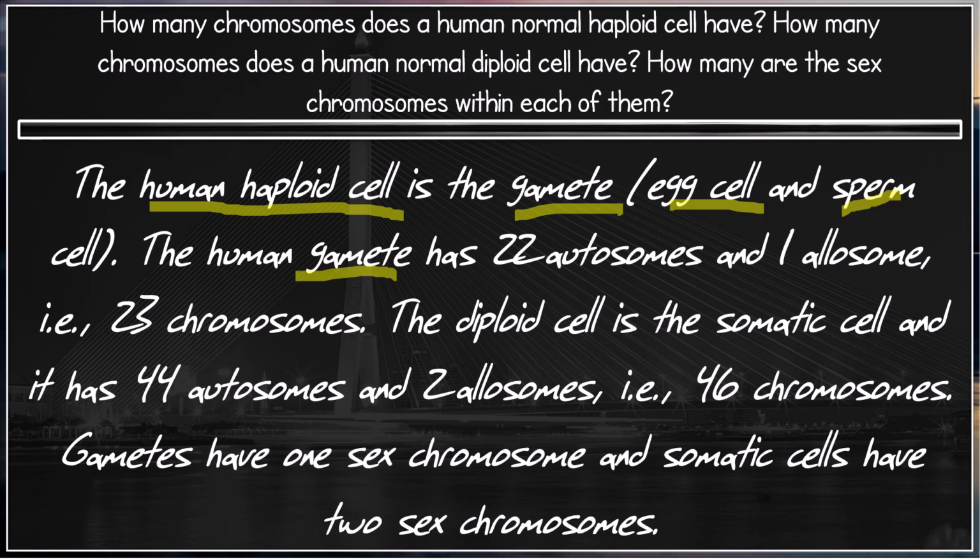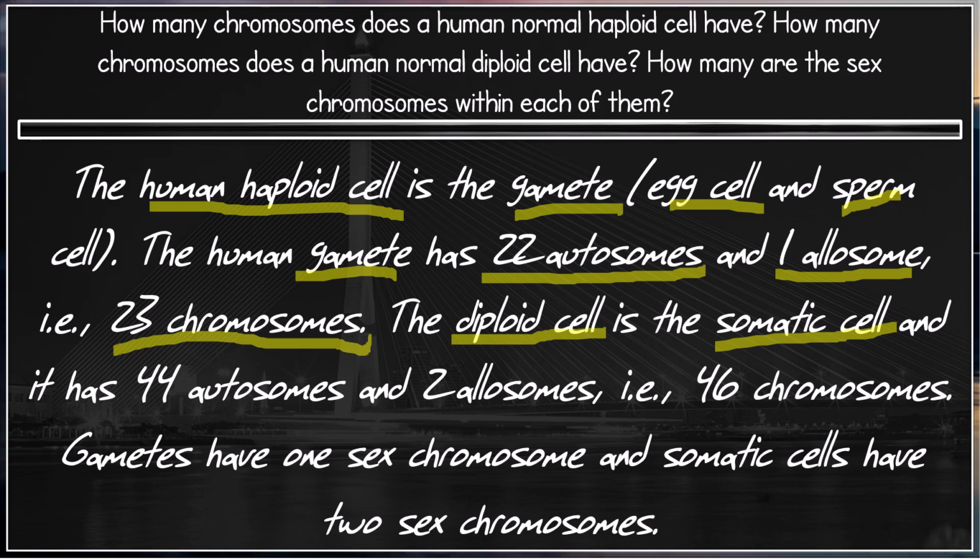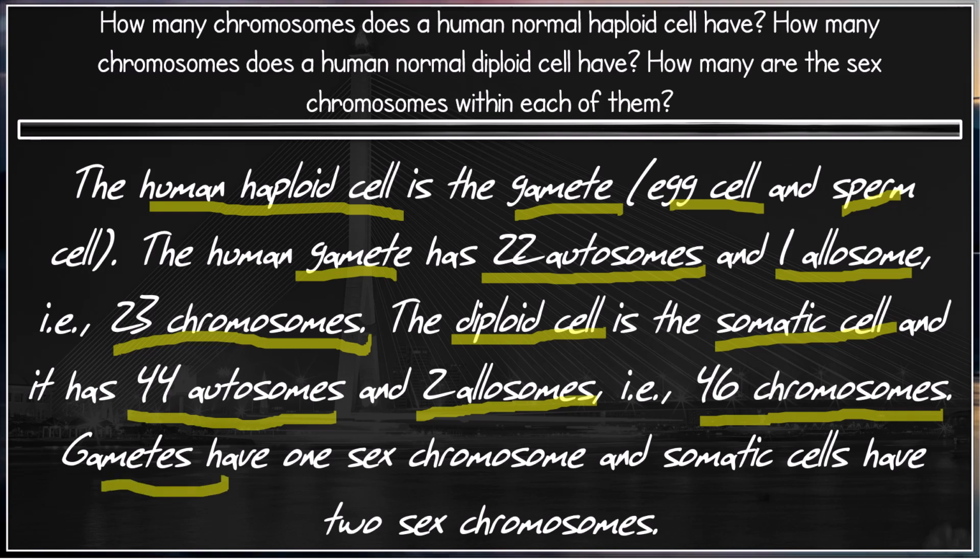The human gamete has 22 autosomes and 1 allosome, i.e. 23 chromosomes. The diploid cell is the somatic cell, and it has 44 autosomes and 2 allosomes, that is 46 chromosomes. Gametes have 1 sex chromosome and somatic cells have two sex chromosomes.